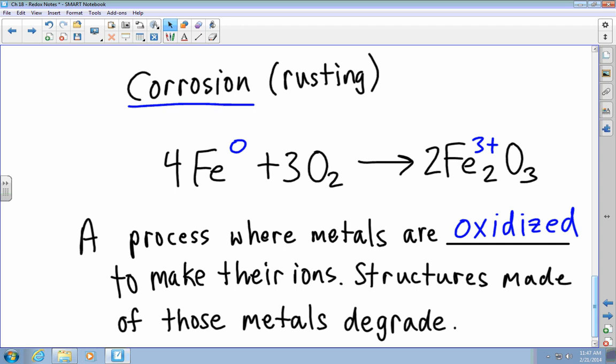So a car or a bridge that's made of metal, as it oxidizes, that iron turns into iron oxide, and the iron oxide rust can flake off and doesn't have the same strength as the original metal structure did. So consequently, the vehicle or the structure will then fall apart because it doesn't have the same strength.